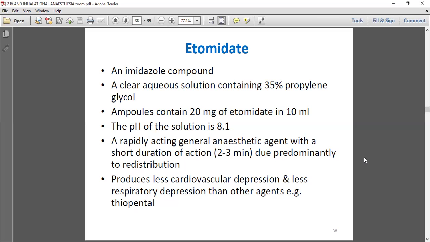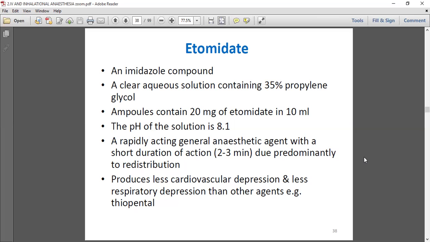Also write down propofol. The duration of action is 30 to 60 minutes, so it can take an hour in the system. Among all these, it has the longest duration of action. So etomidate, duration of action 2 to 3 minutes.